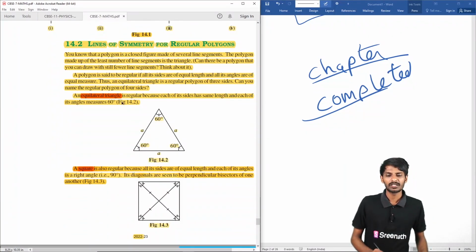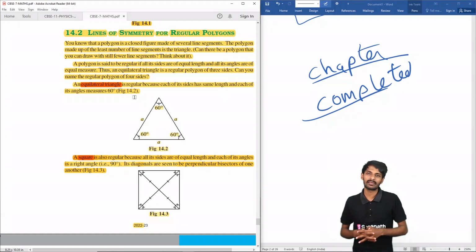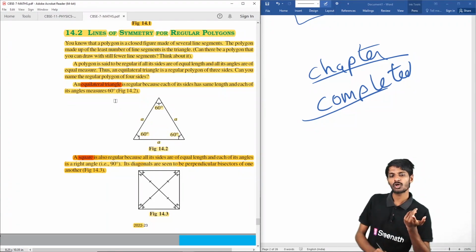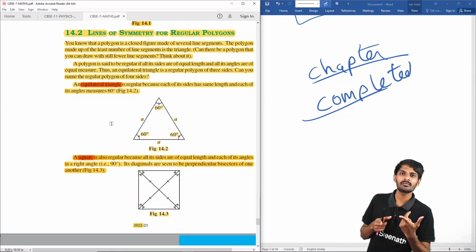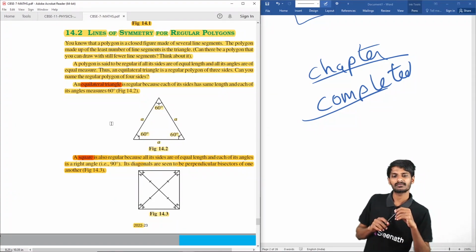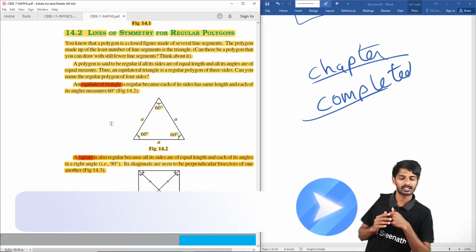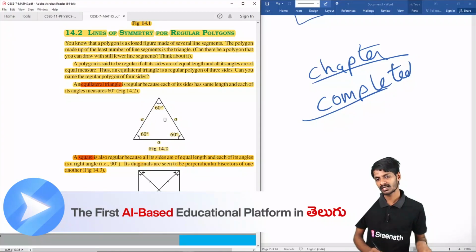And line symmetry for regular polygons. Polygons means it must be a closed figure formed by line segments. A regular polygon means a closed figure where the line segment lengths are the same and the angles are the same. The equilateral triangle is a regular polygon as its sides are equal.